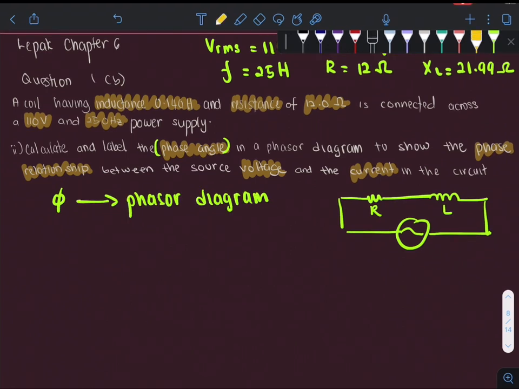So we are going to first start here with the equation of the phase angle. The equation for the phase angle is phi is equal to shift tangent of XL minus XC over R. This is the equation that we have in our syllabus and also in the list of formulas.